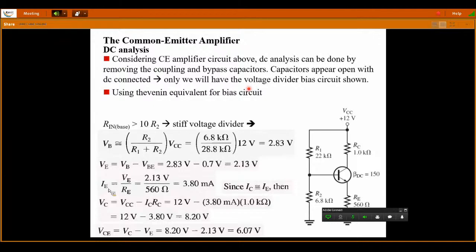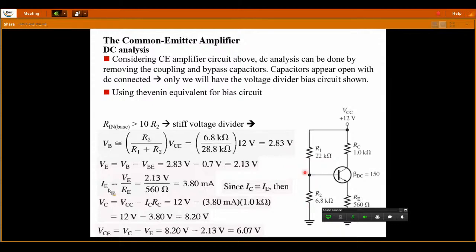Now this is the process of how to do the DC analysis. While doing the DC analysis, we have to ground the AC signal source and open circuit the coupling capacitor.